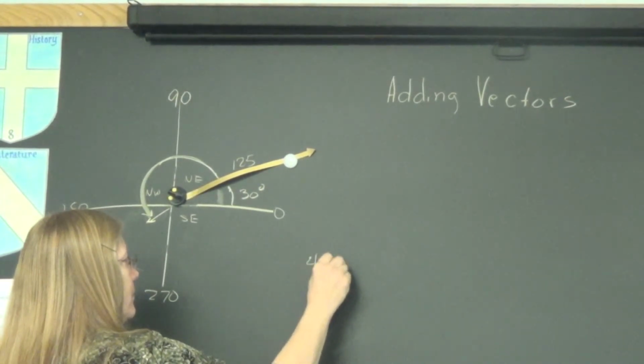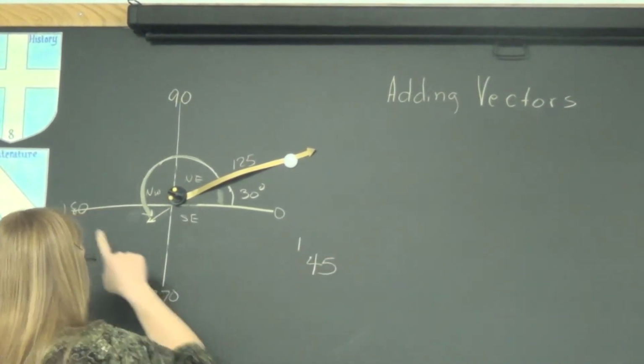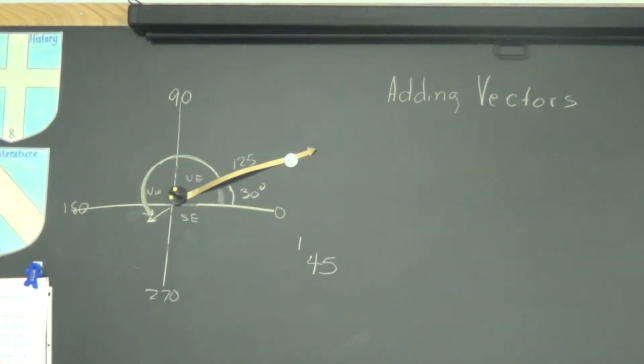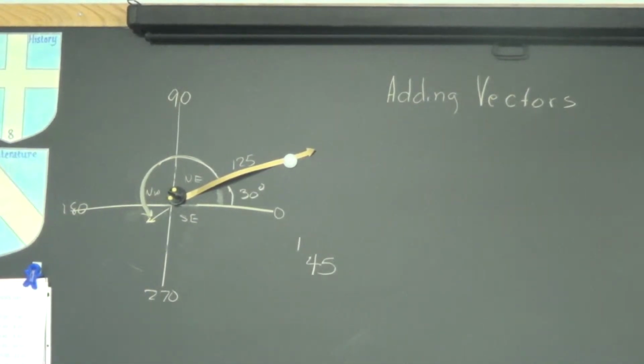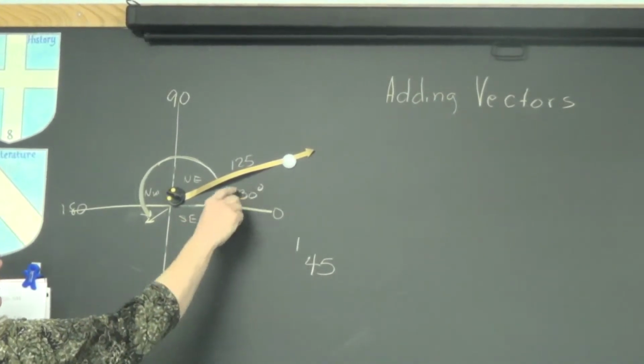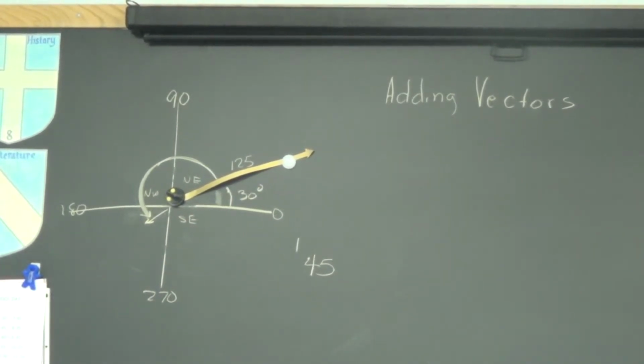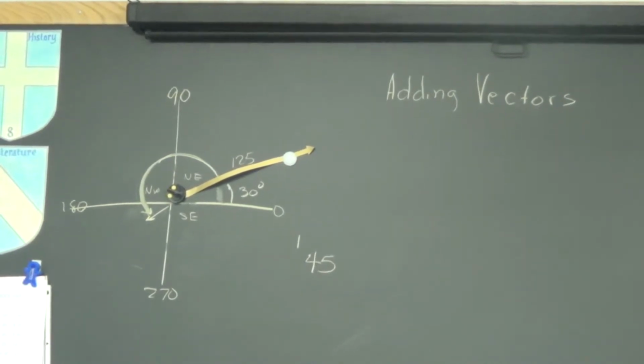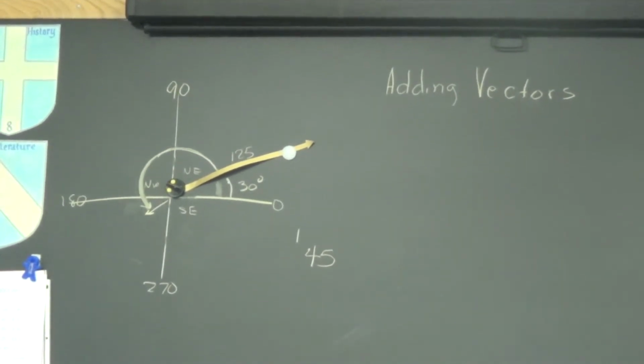I did 180 plus 270 divided by 2 minus 30. So what do you get? 195.